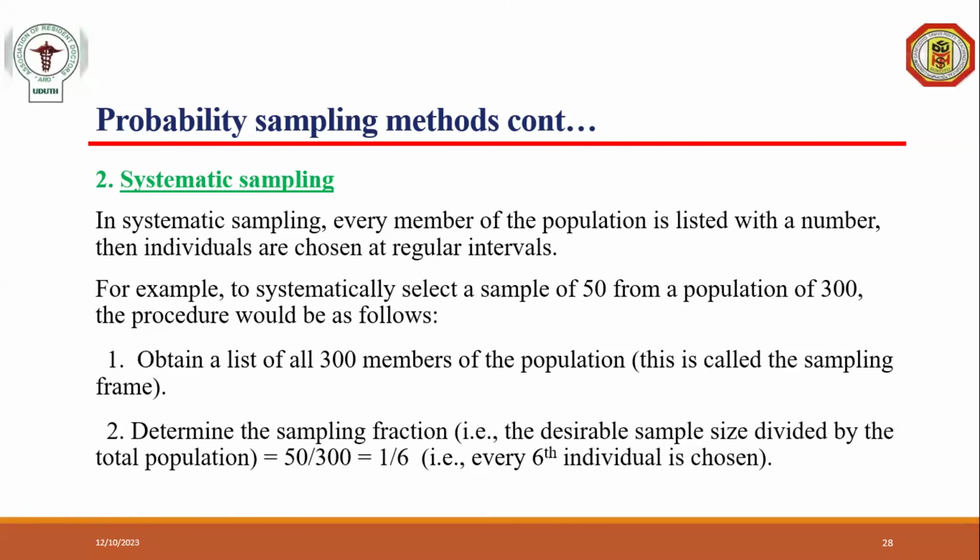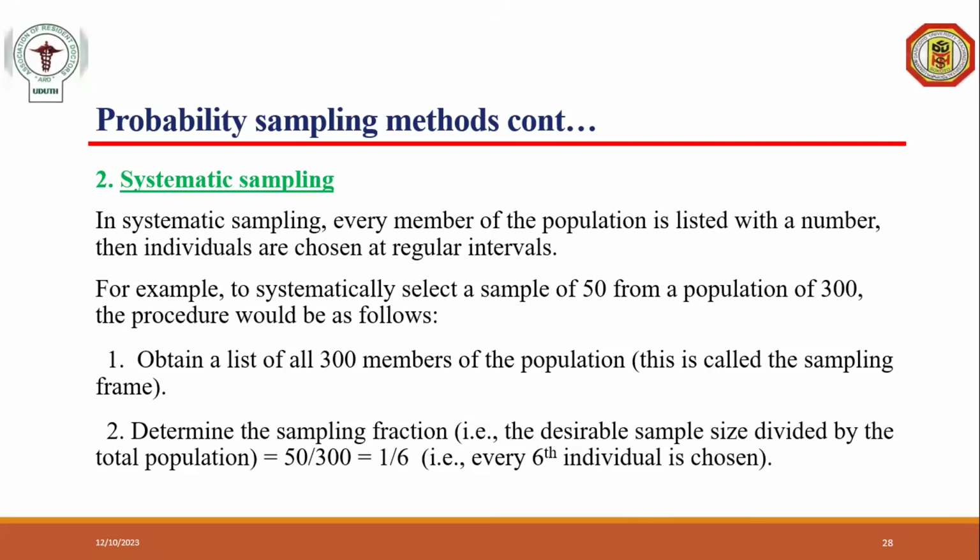But if we want to calculate the sampling interval, it will be equal to the sampling frame divided by the sample size. Let's say our sample size is 20, to make it simple. So if our sample size is 20 and our sampling frame is 100, we are going to select 20 people out of the 100 people that will come into the clinic within the period of our data collection.